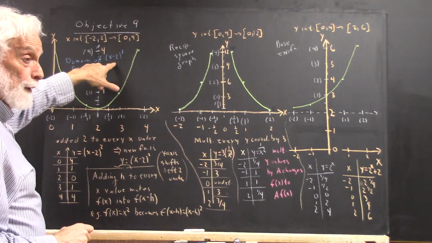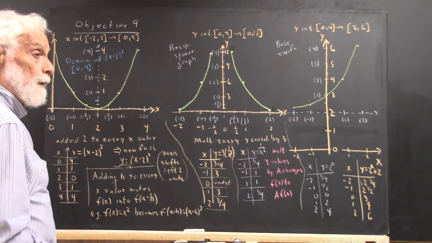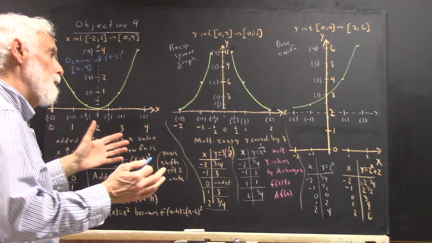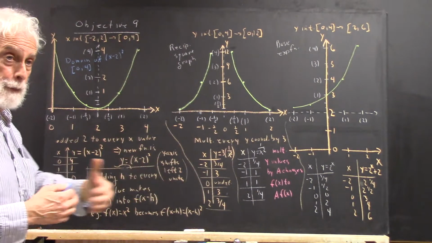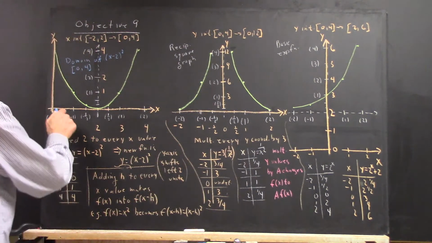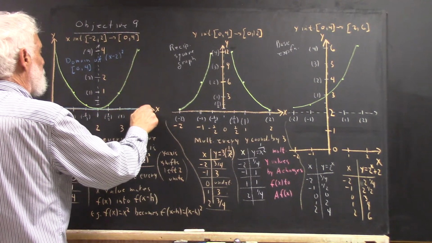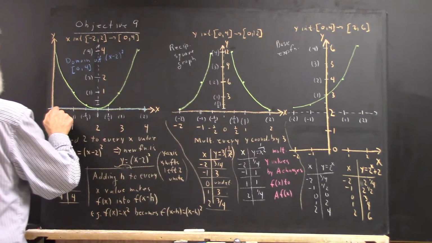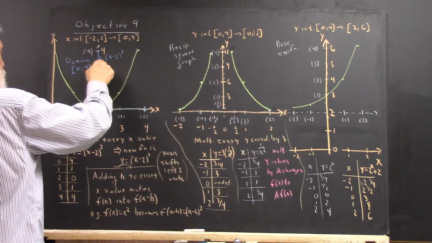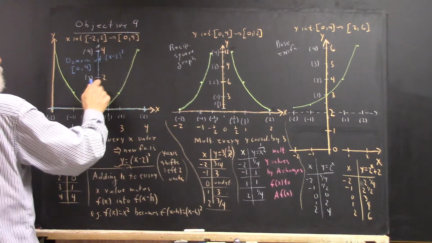The general x minus 2 squared function has a domain from negative infinity to infinity because the complete basic function has a domain from negative infinity to infinity. But here's your domain, and this interval is your range.